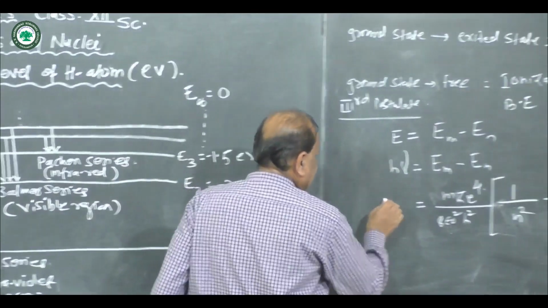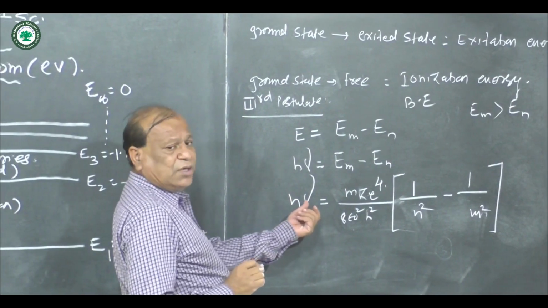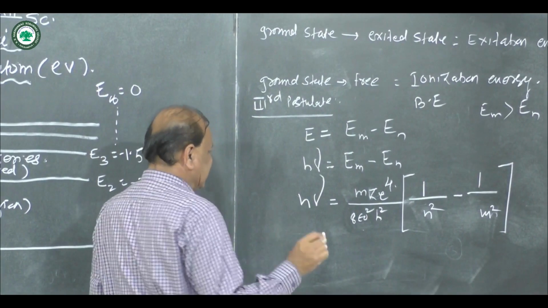Now this value is h mu, where h is the Planck constant and mu is the frequency.